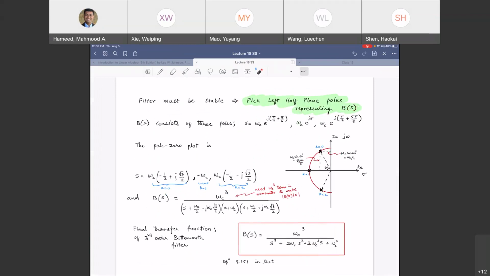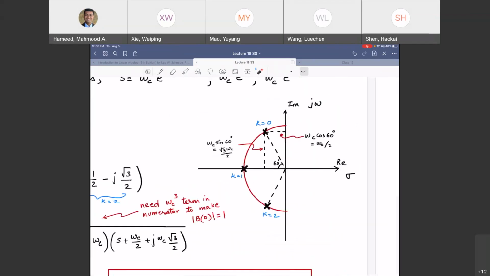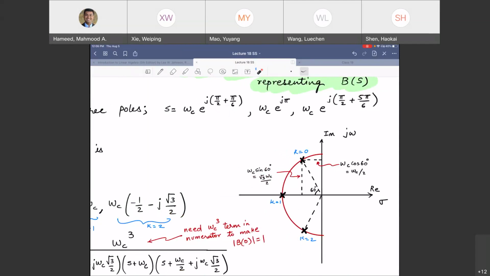You get 3 of them, right here, here, and here, when k is 1, 0, 1, and 2. All of them are going to be omega c away from the origin, and all of them are going to have these angles: pi over 2 plus 30 degrees, pi, and pi over 2 plus 5 pi over 6. So that is this point here, and this point here. And then using tricks, you can find out what is this value, what is that value.